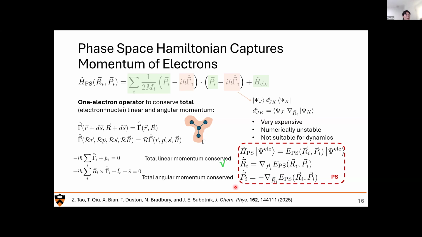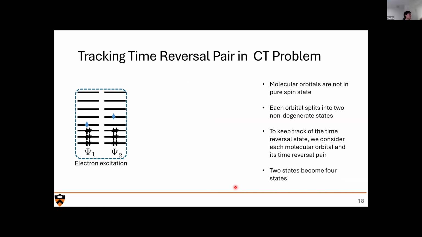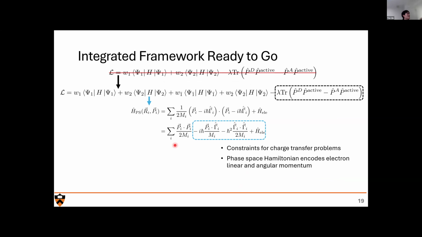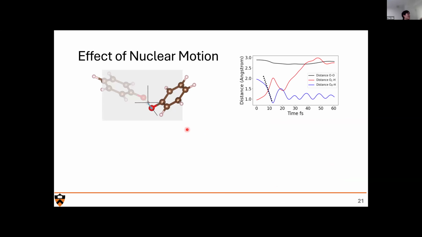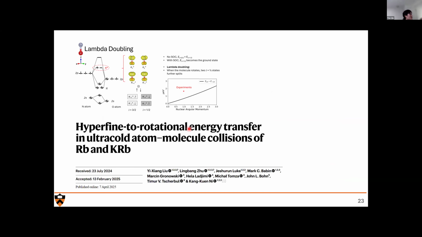Right. Cool. Thank you. And then we have another question from Lingqing Peng: could you discuss more how this method could potentially be used to study the nuclear spin nuclear rotation coupling in Professor Ni's work? I don't have a solid defined plan to study that, but I believe it's possible.